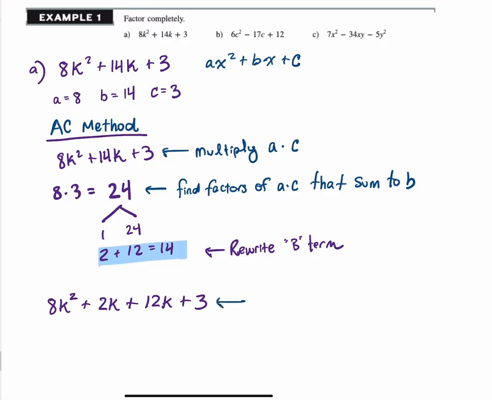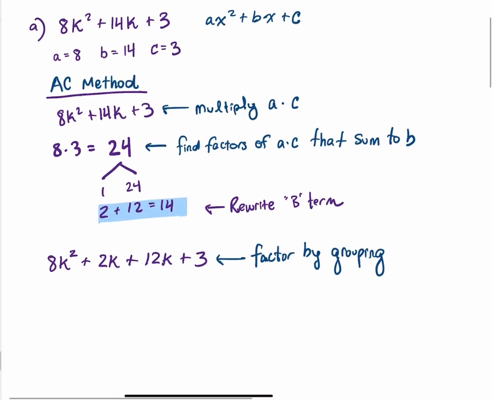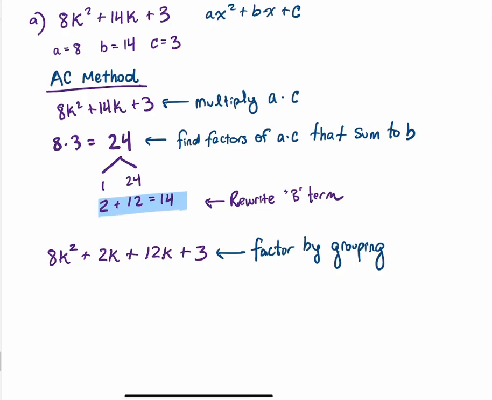So with this, we can factor by grouping. So I'm going to put this into two sets of parentheses. I have 8k squared plus 2k, plus 12k plus 3.